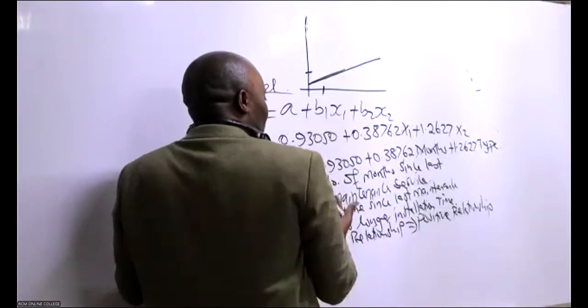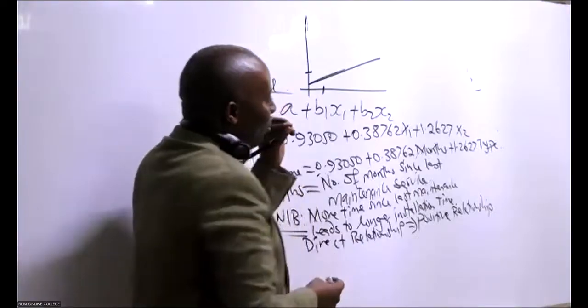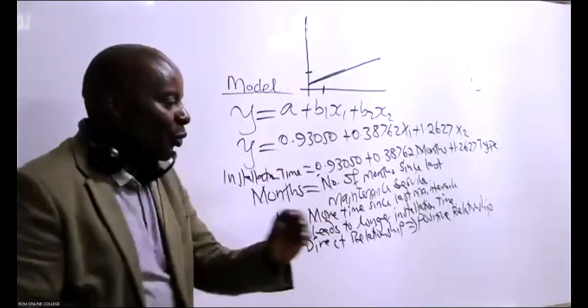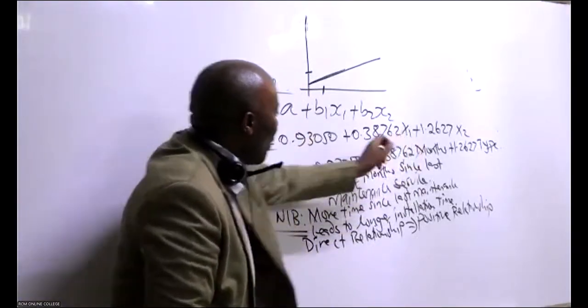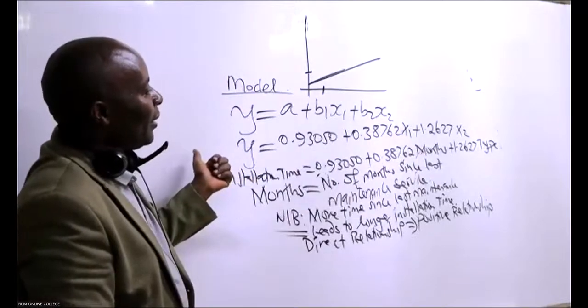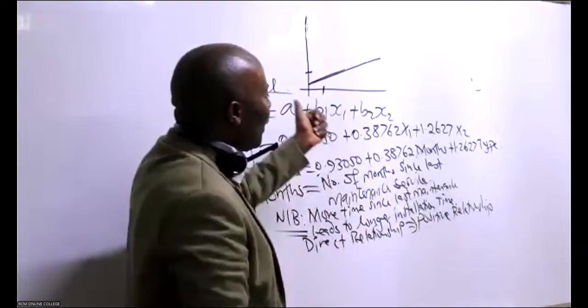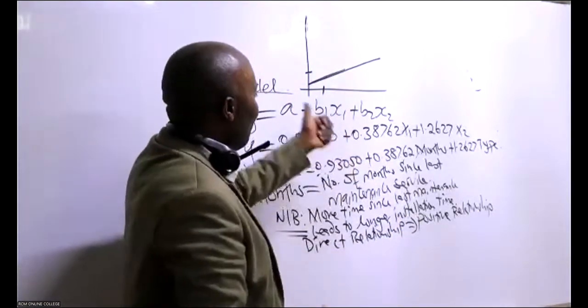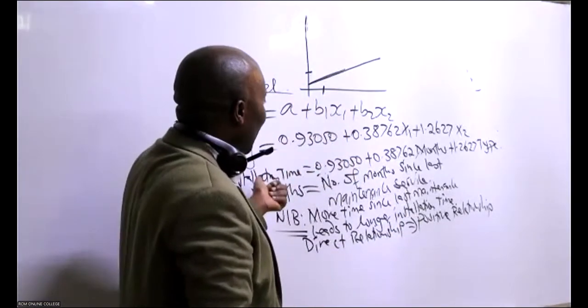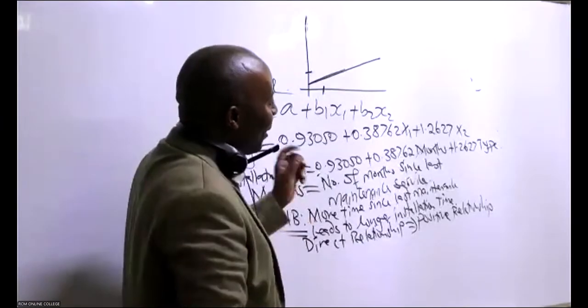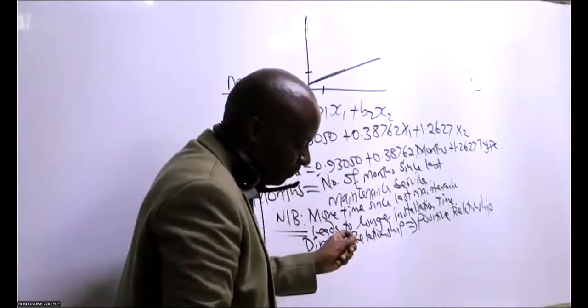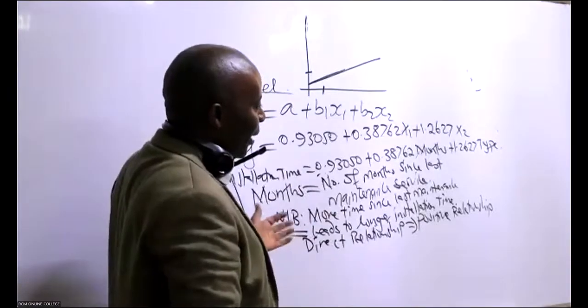So then we ask ourselves, do we have a positive gradient between this x1 and y? Is the gradient positive? Because we have a positive relationship. If the gradient is positive between x1 and y, automatically that shows plausibility. It makes sense.